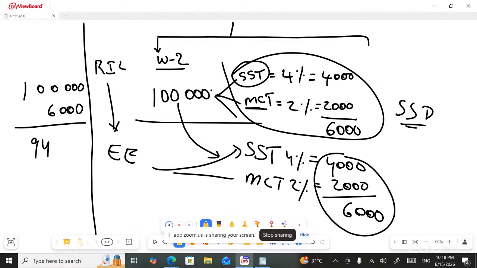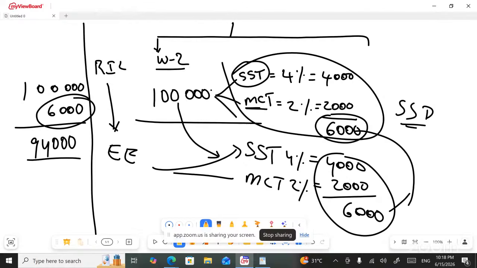Finally, 94,000 will be handed by the employer to the employee. So this deducted amount of 6,000 from the pocket of the employee, and from the employer's pocket another 6,000, total 6,000 plus 6,000, that is 12,000, will be deposited to the Social Security Department in the name of the employee. So this is the mechanism we have to follow.